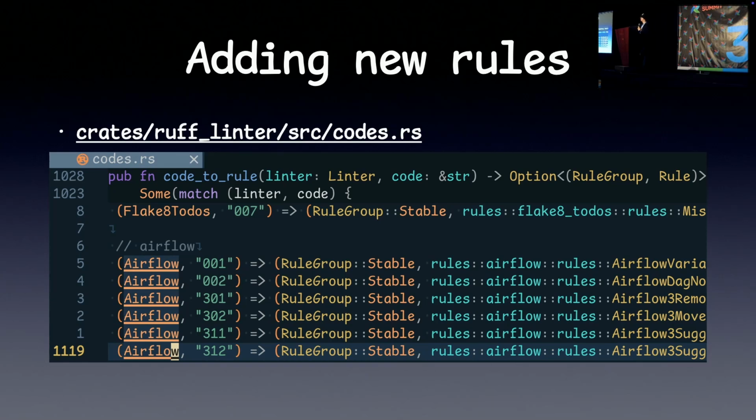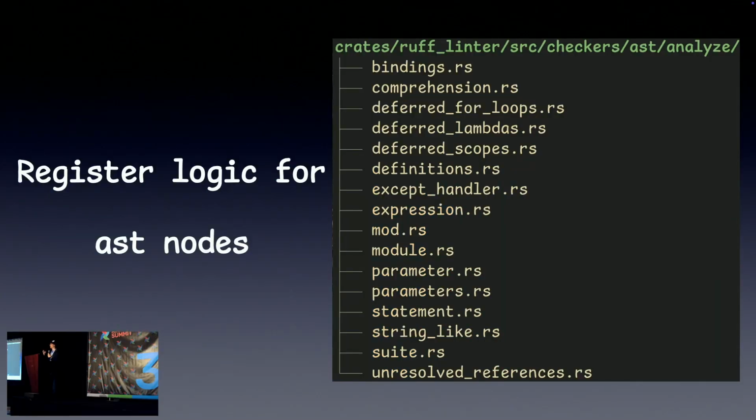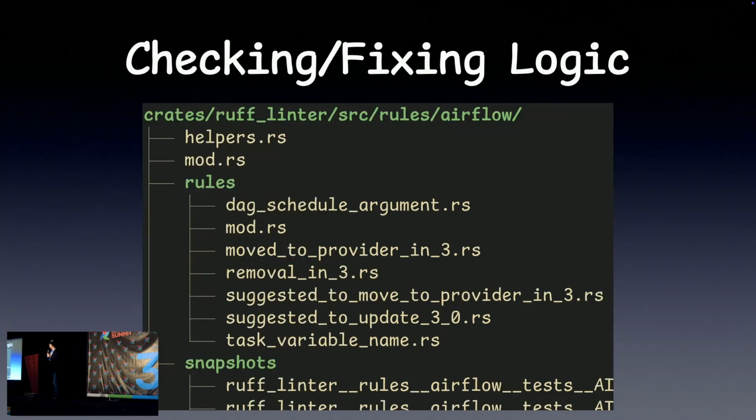Then you need to refer to the new rule you defined, which could be something like Airflow3 something. Then we register the logic we implement elsewhere into the AST node. Like the previous example, a = 1 + 2: if we want to do magic here, we can register the logic in expression.rs, which will be detailed a bit later. All our Airflow rule logic exists in the ruff_linter rules airflow module, like the DAG schedule arguments and moved imports in 3 and all these kinds of things.